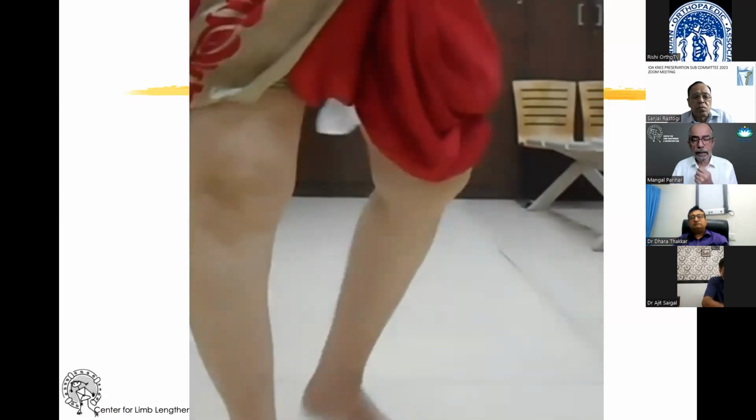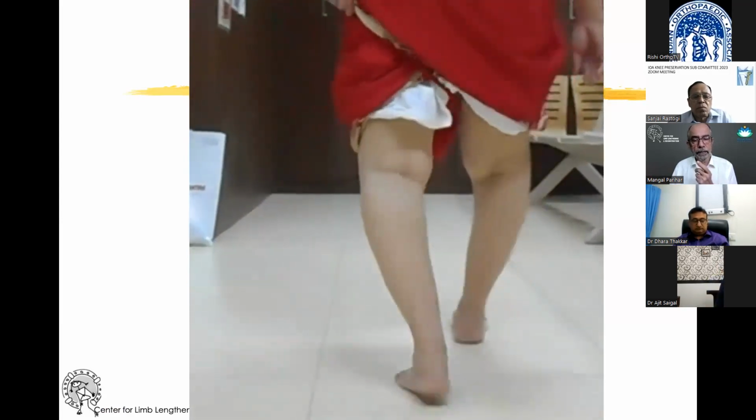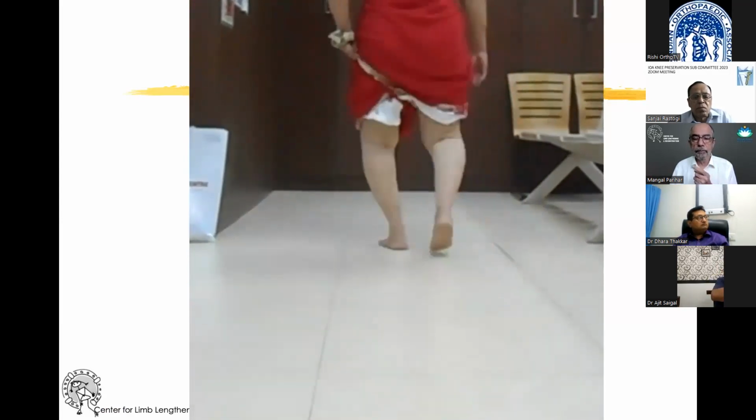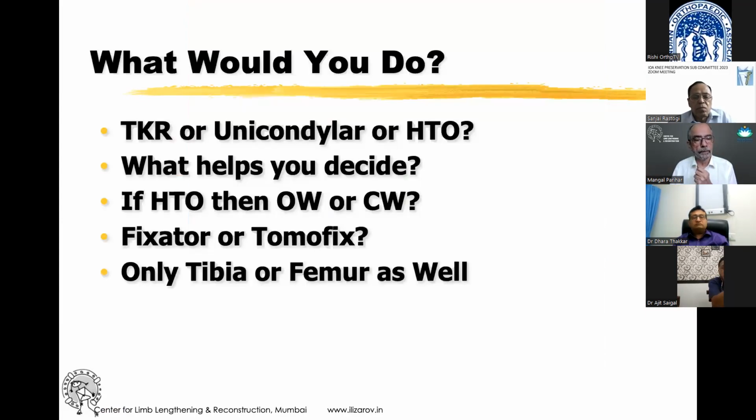I point out the lateral thrust because oftentimes it is an indicator that there is a femoral varus also. Just because this patient is 66 years old, it's not necessary that they should go into a knee replacement. You could think about an open wedge or a closing wedge, whether you want to do a fixator or a Tomofix. There is a little controversy whether you should do the tibia or the tibia and the femur.